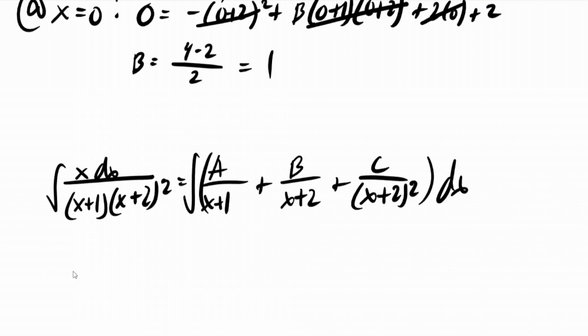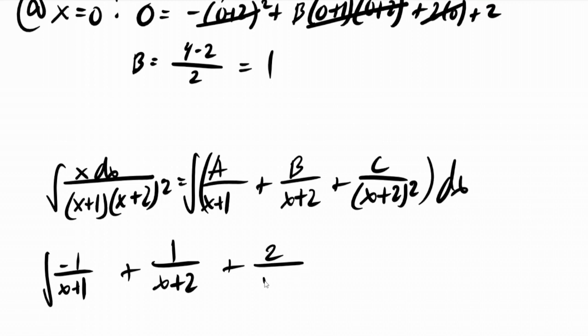A is negative 1, right? Negative 1 over x plus 1 plus b equals 1 over x plus 2 plus c equals 2 over x plus 2 squared dx.